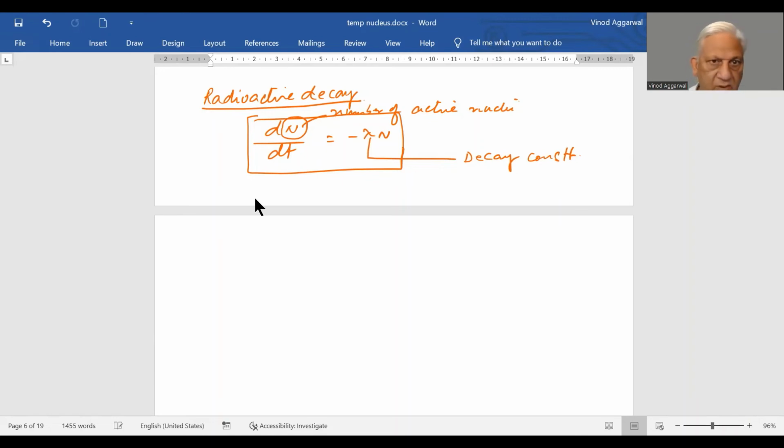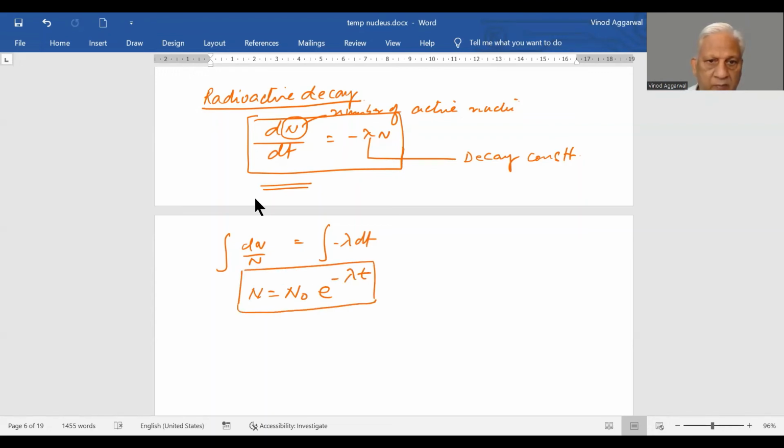Okay. Now, if we take this basic differential equation and solve it, we get an equation which says N equals N0 e to the power minus lambda t. Here N is the number of active nuclei remaining, and N0 is the number we started with.